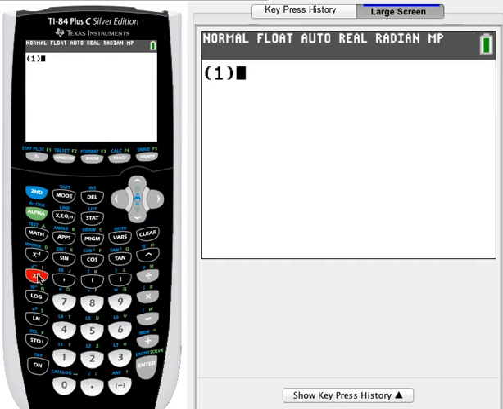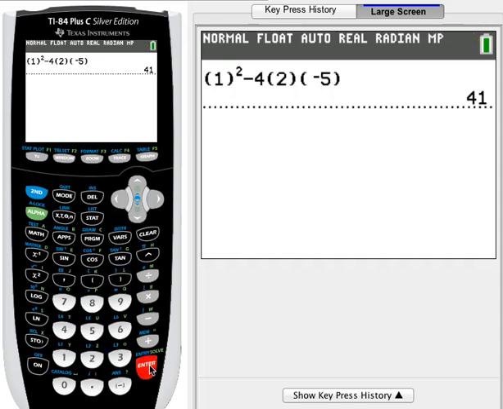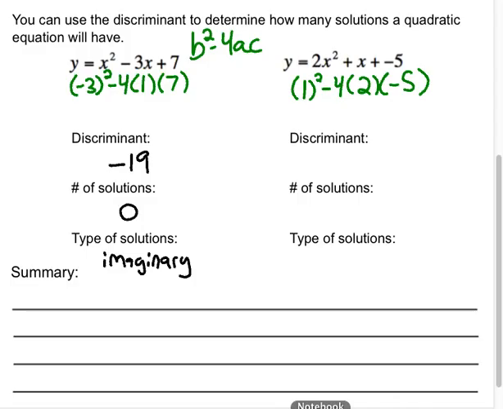So b squared minus 4 times a times c, you get 41. And 41 as a positive number means that your plus or minus the square root is in complete action. So you are getting both of your solutions, and those solutions are real numbers.